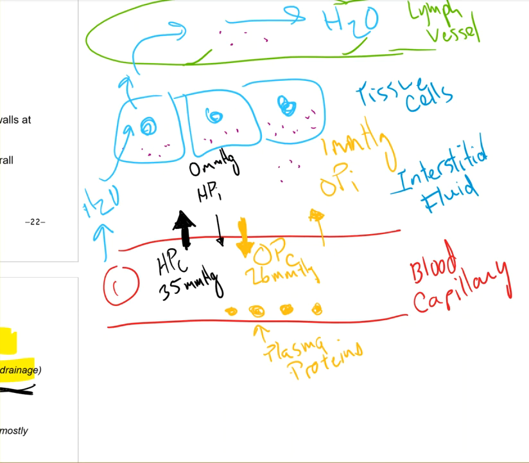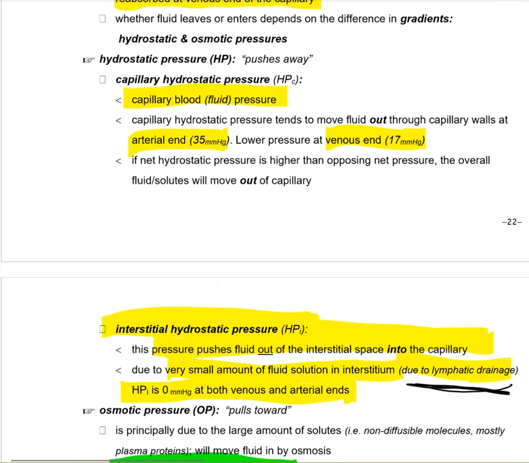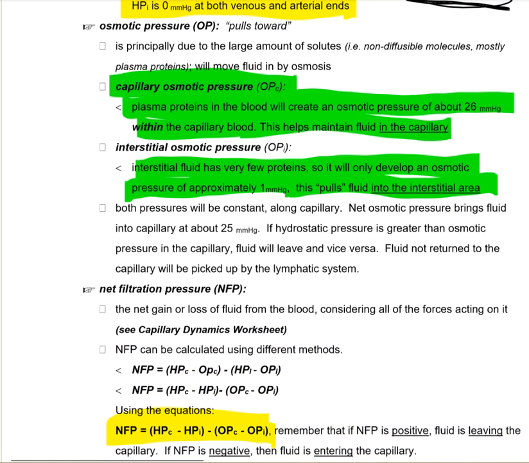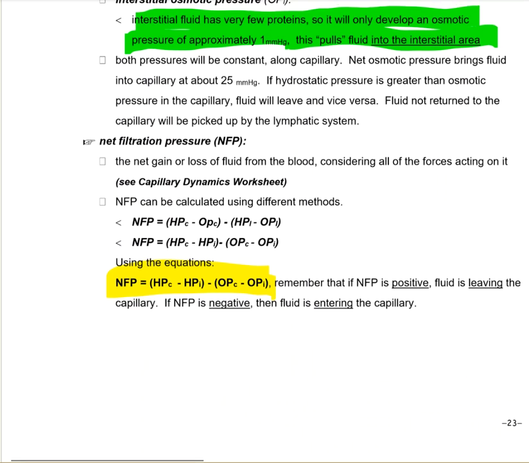All right, so now, what does it say here? And we'll get into our equation finally. So it says both pressures will be constant along the capillary. Net osmotic pressure brings fluid into capillary about 25, right? Because if we subtracted 1 from 26, we'd get 25. If hydrostatic pressure is greater, then the fluid will leave, vice versa. All right, and we call this, whether fluid leaves or not out of the capillary, the net filtration pressure.